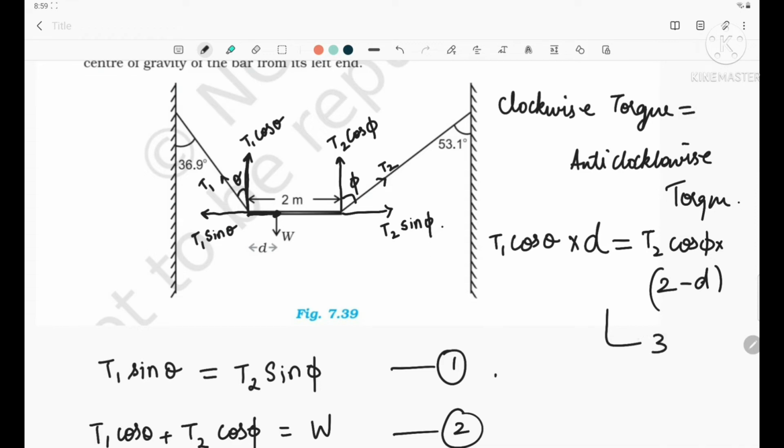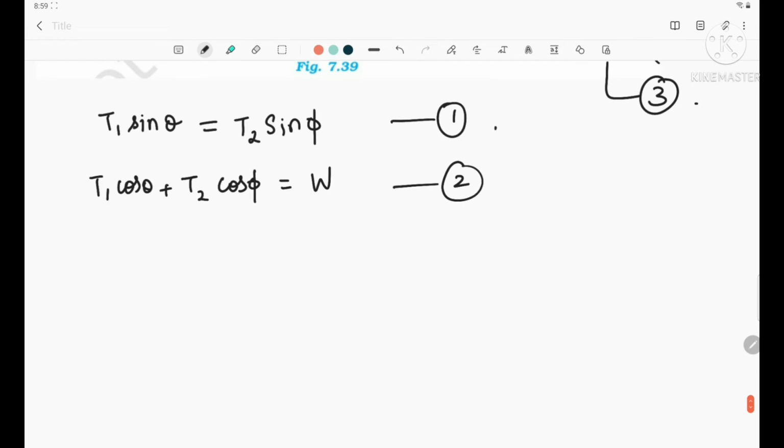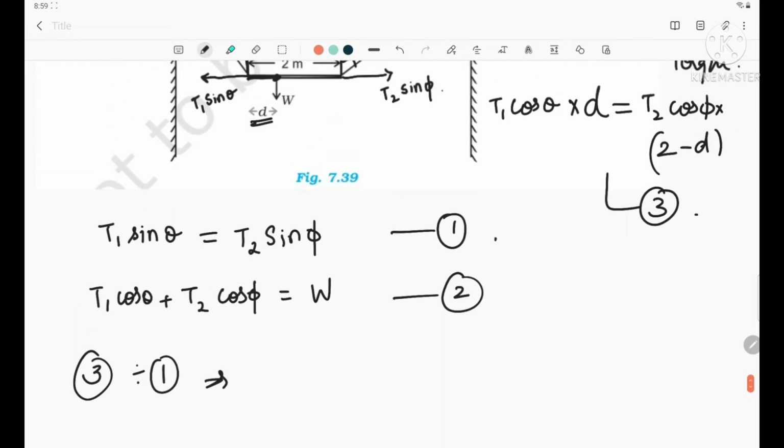So these are the three equations. Based on these three equations, we will be solving and finding our answer for d. So d is the thing that we need to calculate. Consider equation number 3 and equation number 1. We can easily divide equation 3 by 1. So what will we get?